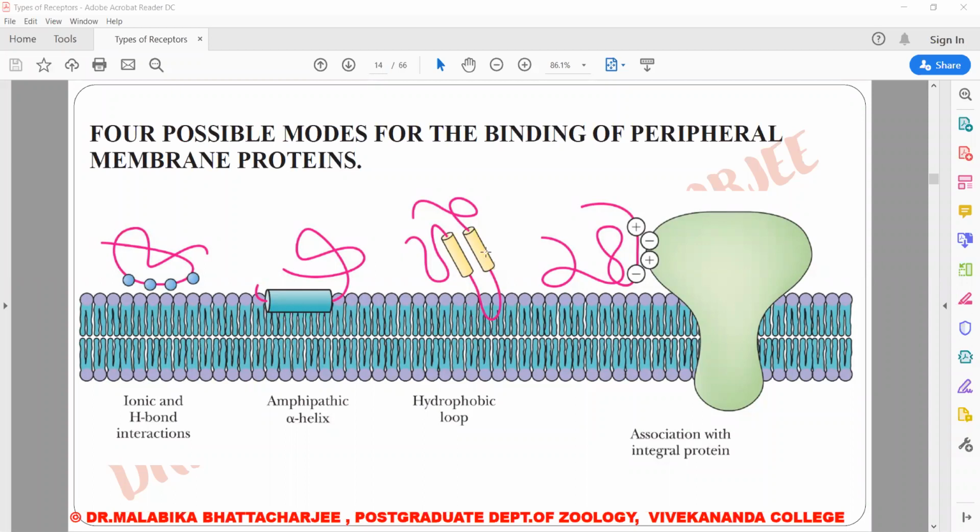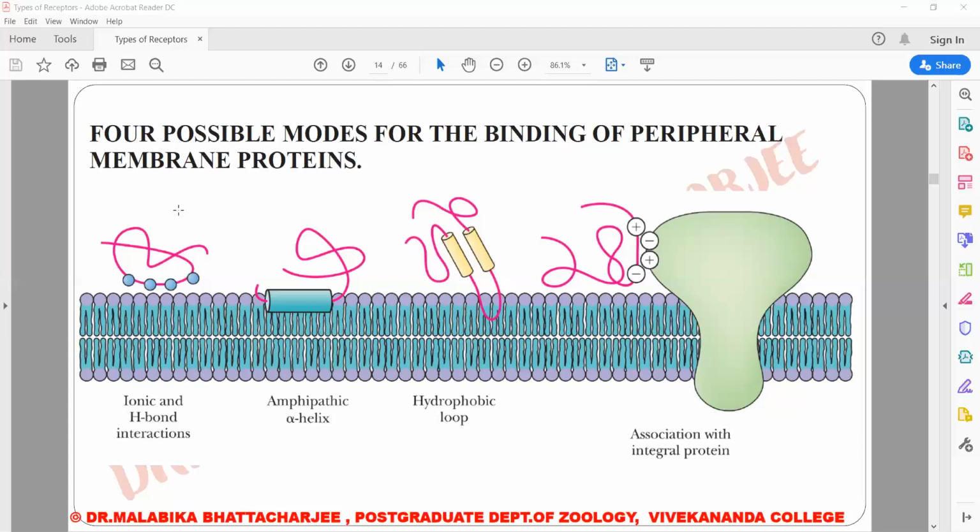There might be loops. So this is how the protein may be arranged, or it may remain attached to the integral membrane by simple electrostatic bonds. These are the different interactions a peripheral protein might have, either with the lipid or with the integral protein itself.